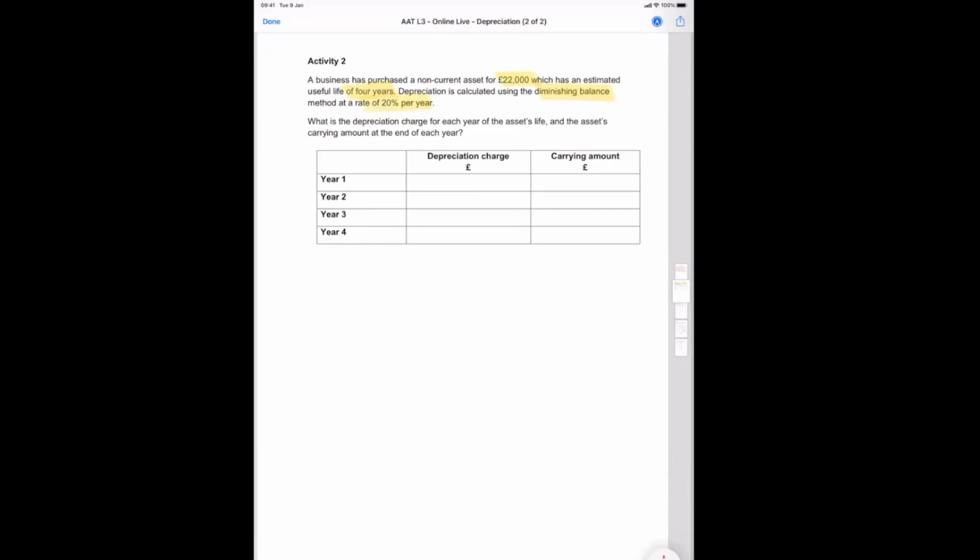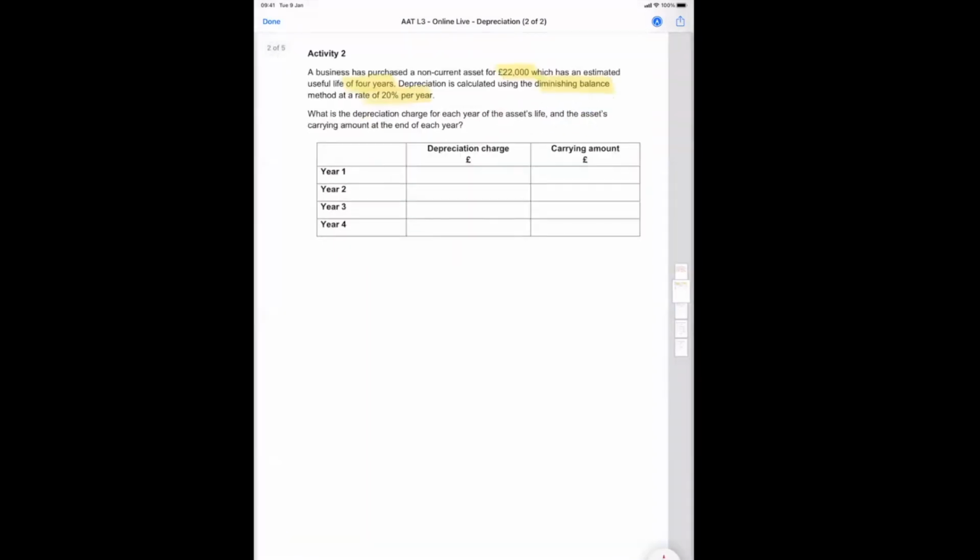So we can start with our £22,000, which is what we paid for the asset, that's the original cost, and times by 20%. Okay, which should give us £4,400. This is going to be our first year depreciation charge, so we can enter that in our year one box.